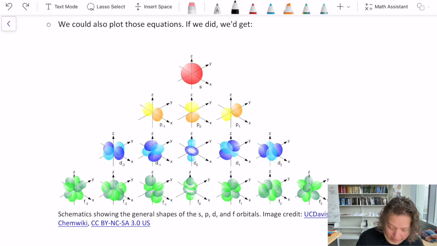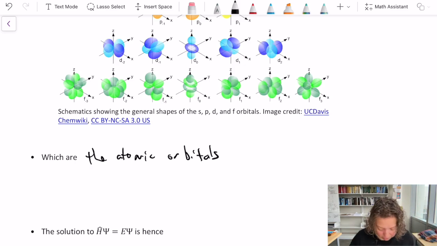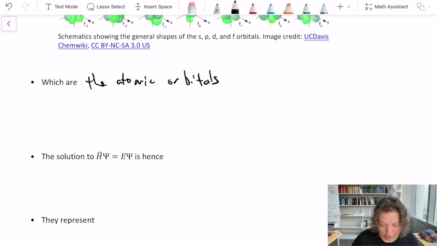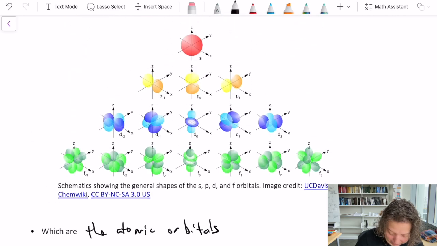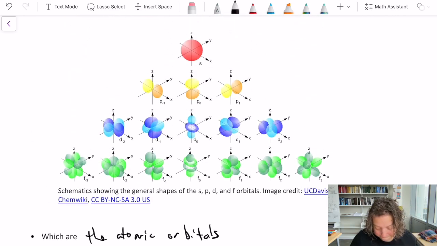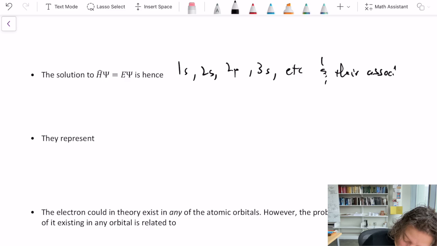If we plotted them, these are the different shapes we would get. So you recognize these as the atomic orbitals. The solution to H psi equals E psi is essentially 1s, 2s, 2p, 3s, etc. These various functions, and their associated energies.